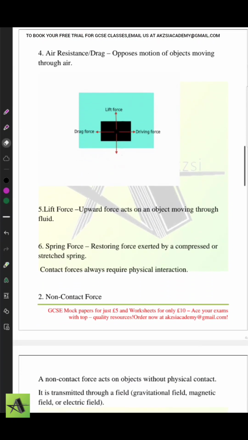Next is air resistance or drag. So air resistance is the force that opposes the motion of the objects moving through air. Let's take an example of an aeroplane. Not necessarily which has to be in the air only. Even if you are driving, you will feel it, because some of your part faces that air.